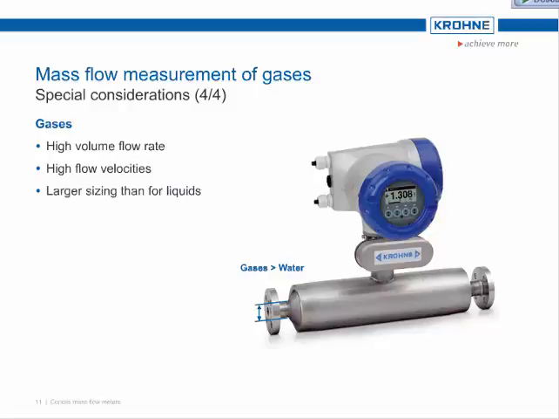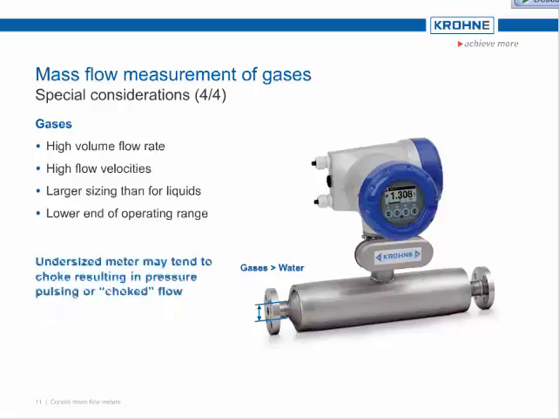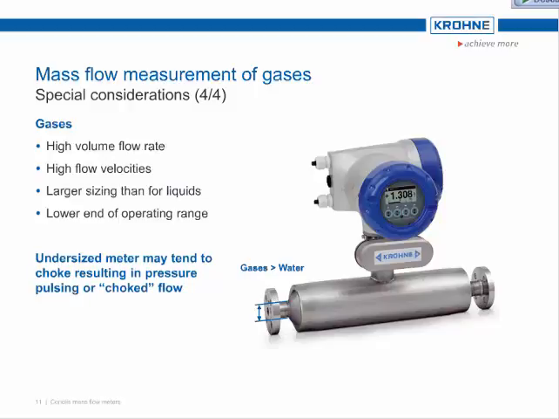Sizing for gases is based on flow velocity at maximum flow rate and accuracy requirement at minimum flow rate. Most gas applications will result in the meter sized at the lower end of the operating range. If the meter is undersized, then the meter may tend to choke, resulting in pressure pulsing and high turbulence.